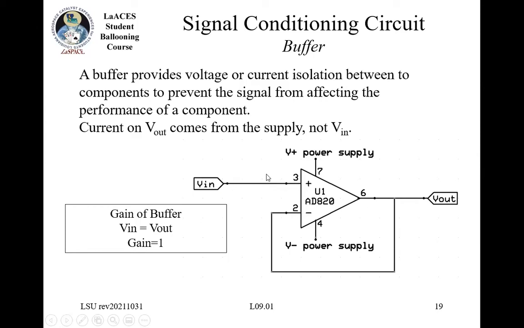Well, I don't want the voltage at Vin to depend on that current, right? So this is called a buffer because it creates a buffer between Vin and Vout.